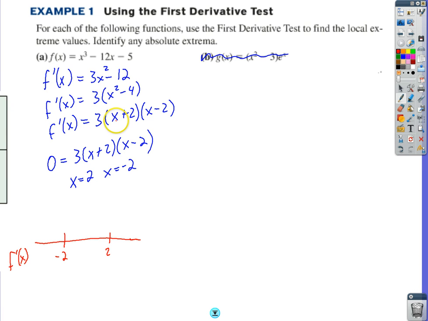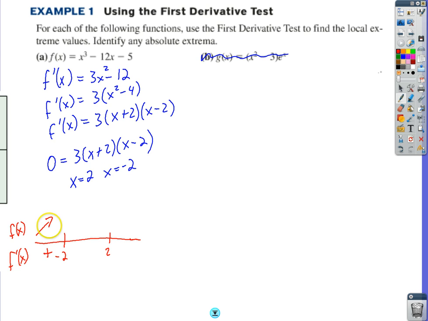So when I stick in negative 1,000, I have a positive 3 times a negative times another negative, because negative 1,000 makes both of these factors negative. So a positive times a positive, f prime will be positive. If f prime is positive, what does that mean for f of x? My slope is positive, which means I'm increasing for f of x.